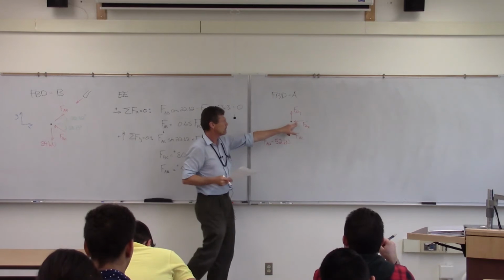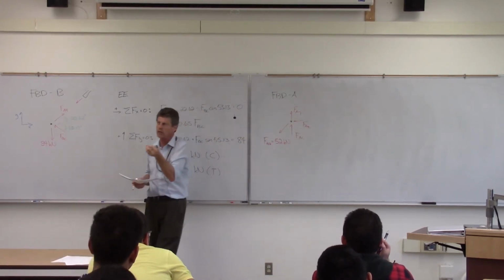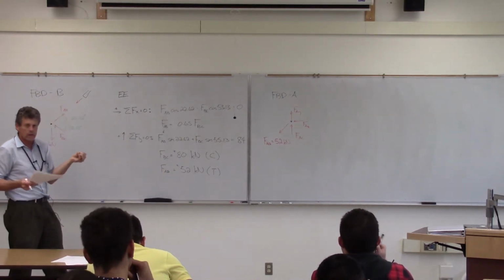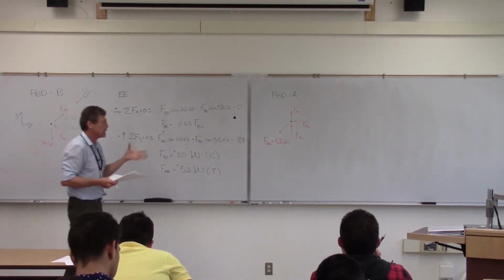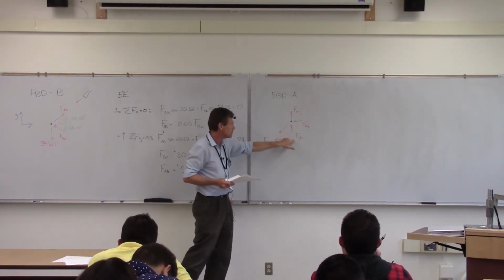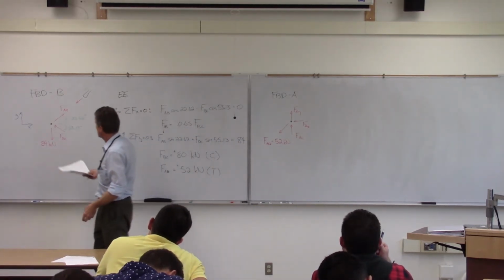And the main reason is because I've got a pin there. It's connected to the ground via a pin. So when I connect it to the ground, it's an unknown force and an unknown angle. Hence, I express it in terms of x and y components there. 2 unknown components, but I also have this extra member force here. So I can't go there.